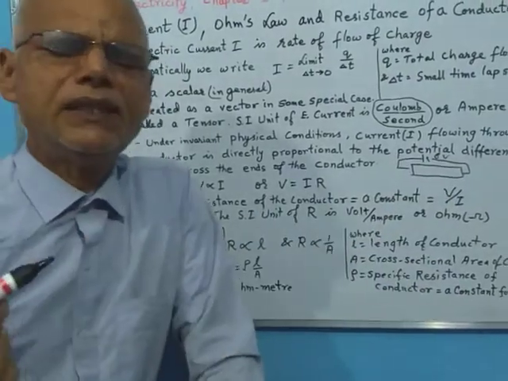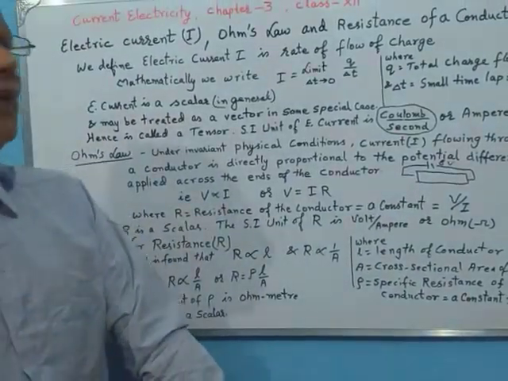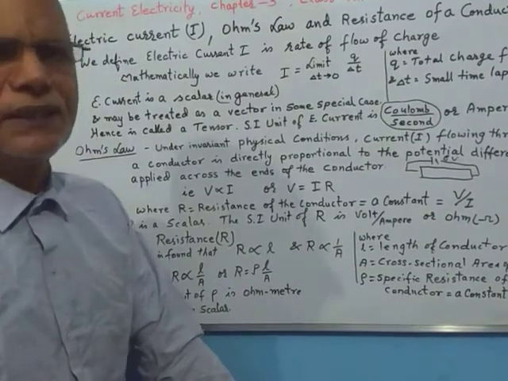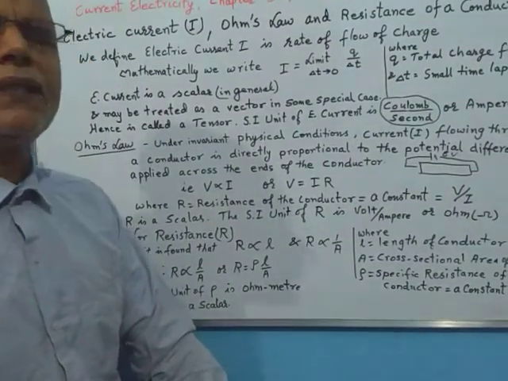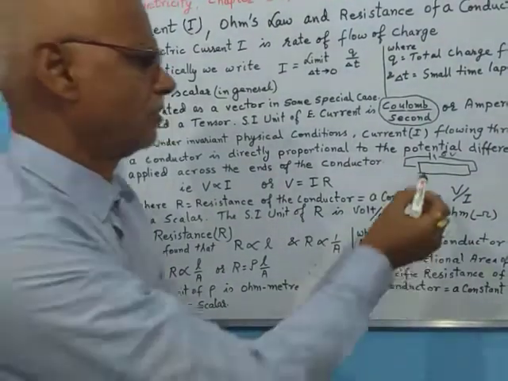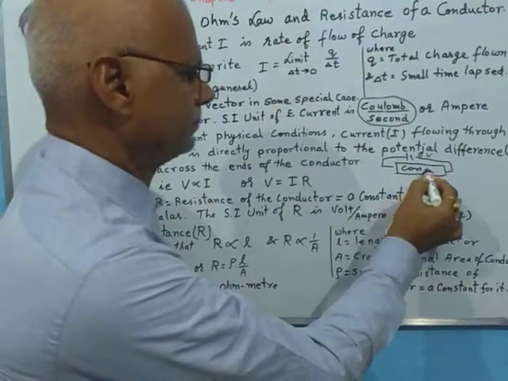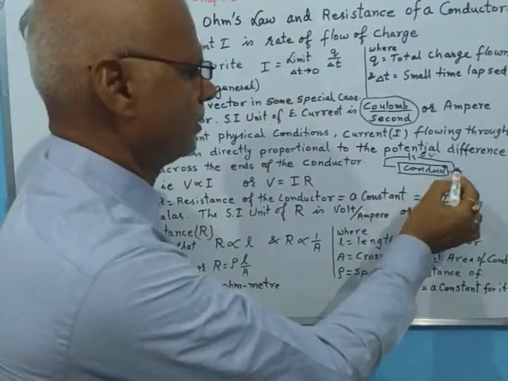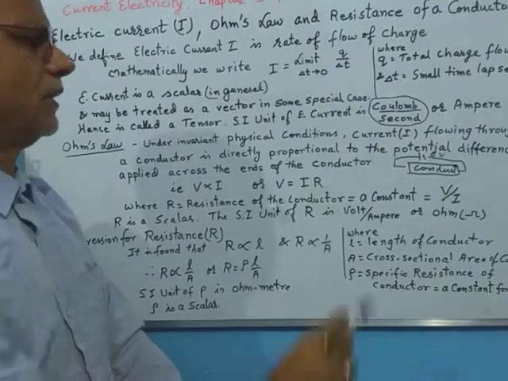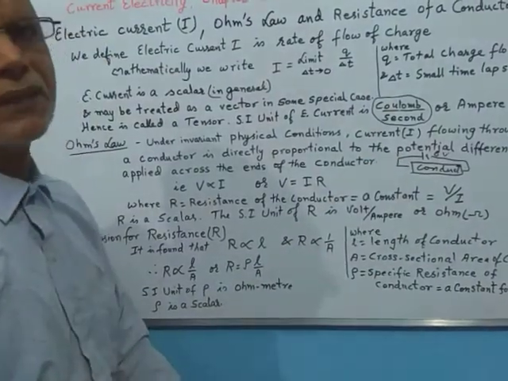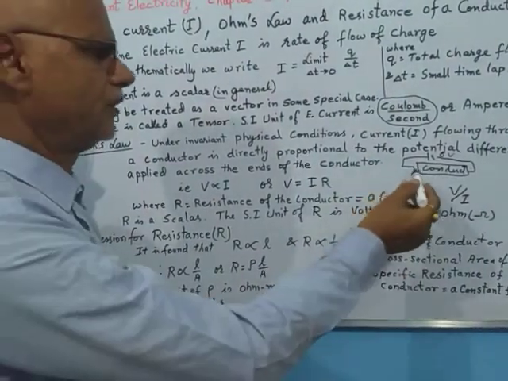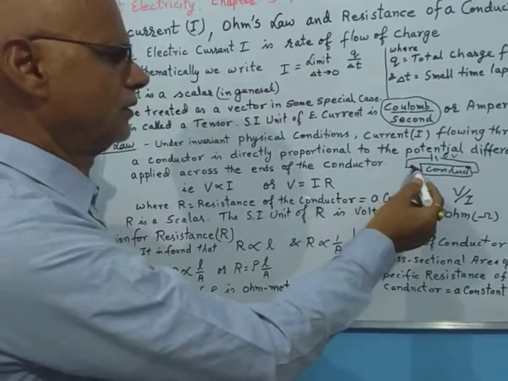As we increase the potential, the current flowing through the conductor will also increase, and as we reduce the potential difference applied across the conductor, the current flowing through the conductor will also reduce.